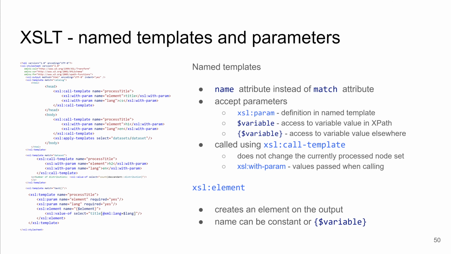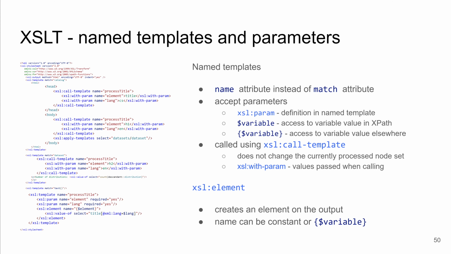Calling a named template doesn't change the current node or the current node set in which the XSLT processor works. When we are in the catalog element, first time we call the template, when the template is called, it is still in the catalog element, which gets used then when it refers to the title with the XPath expression.